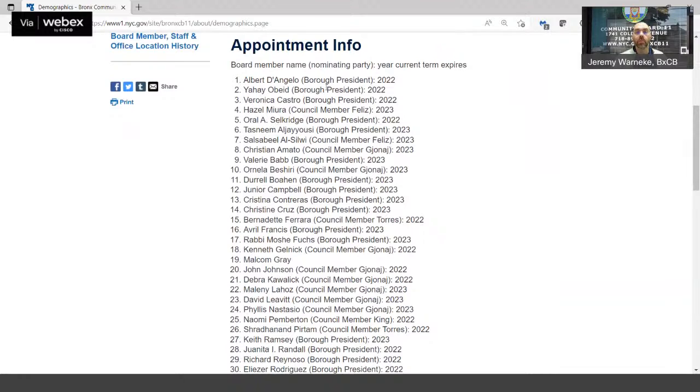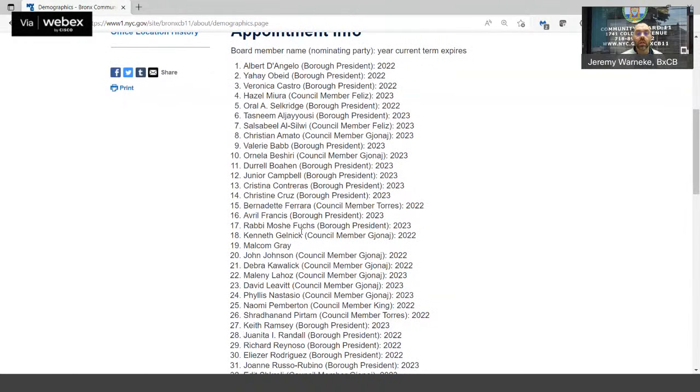So, for example, Al is a Borough President appointment, Hazel Muro is the Council Member Feliz appointment, and so forth. So, if you look at Ken Galnick, for example, you don't see a bio, but you want to see who he's appointed by, it's here.